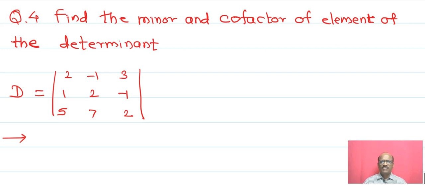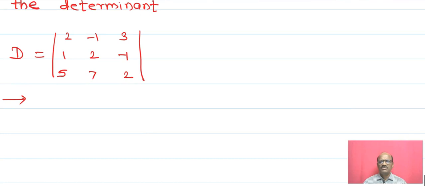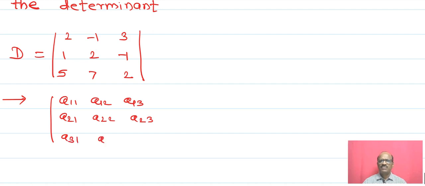Now the question number 4. Find the minor and the cofactor of the element, the following determinant. That is a d is equals to determinant 2 minus 1 3, 1 2 minus 1 5 7 2. The elements are denoted by their orders.